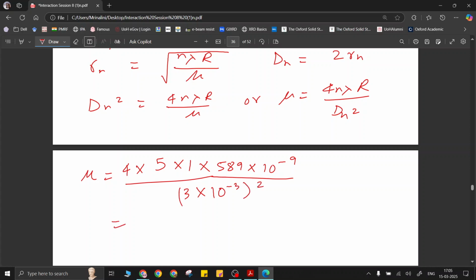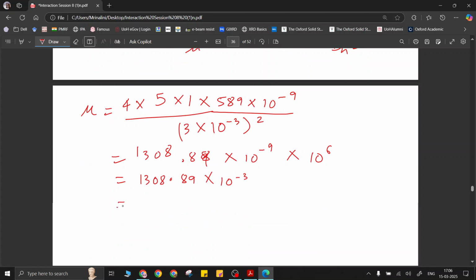Now when we solve this, we get 4 times 5 times 589 divided by 9, that is 1308.89 times 10 to the power minus 9, 10 to the power plus 6. Minus 9 plus 6 is minus 3. So 1308.89 times 10 to the power minus 3.